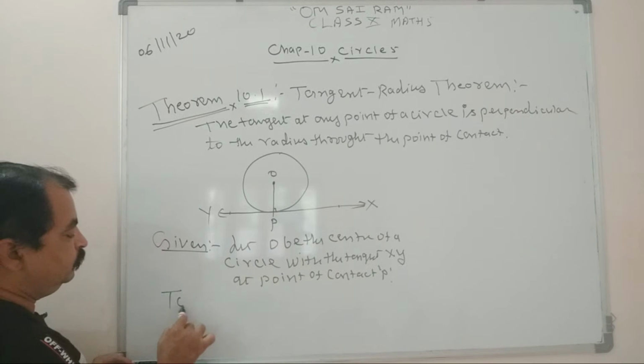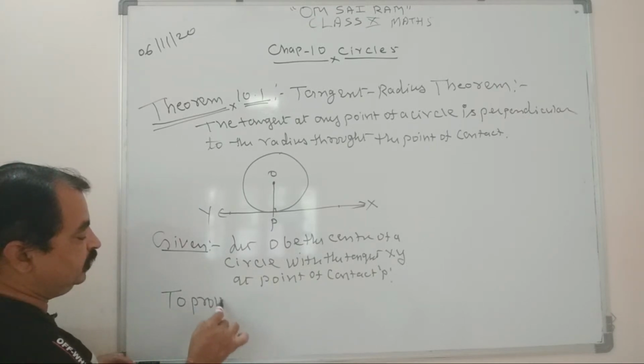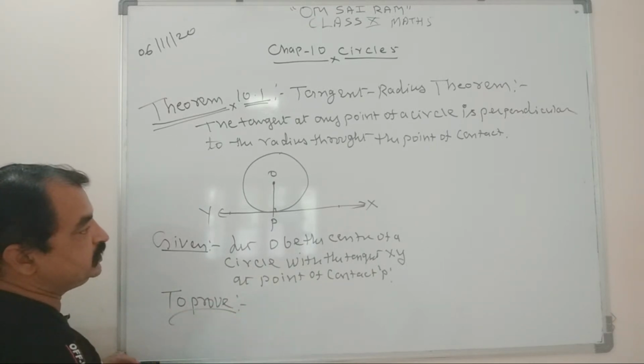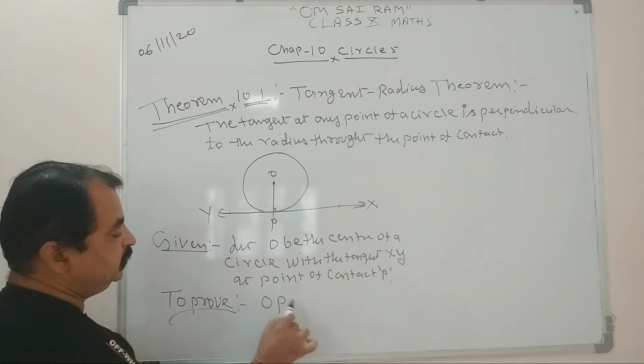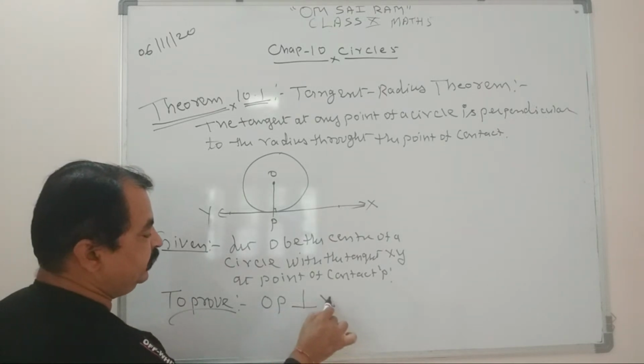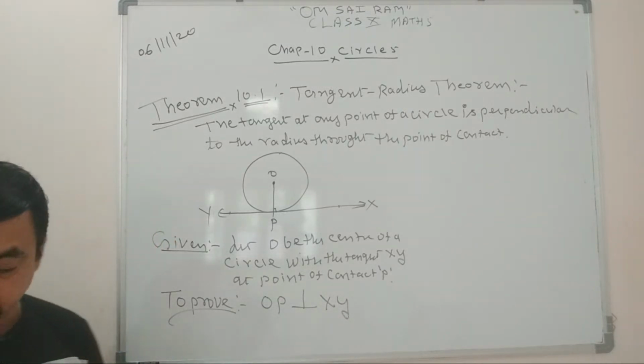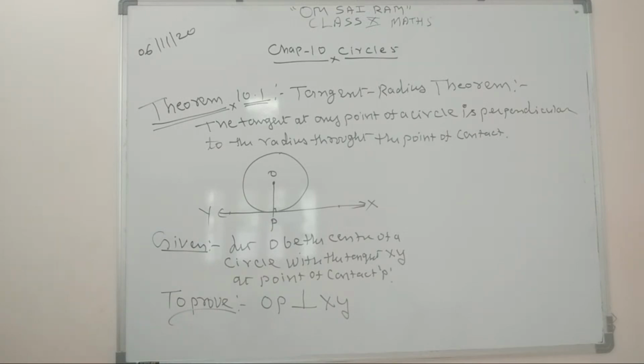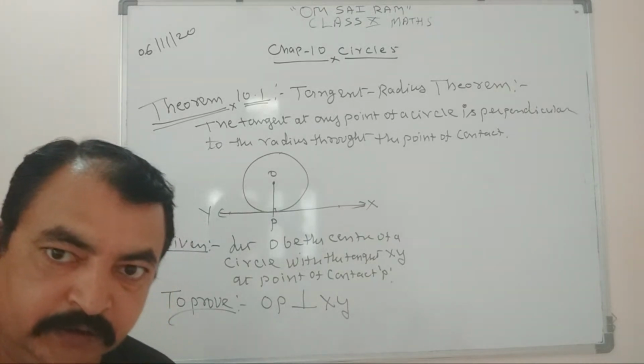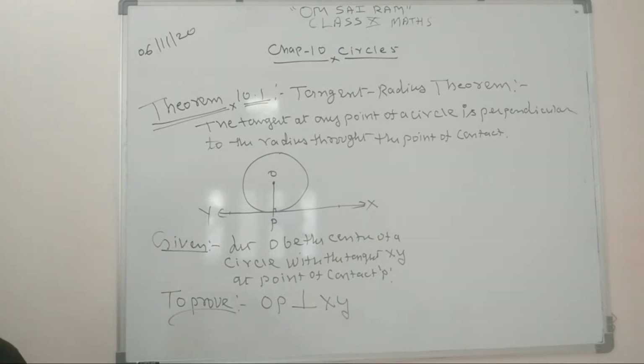Now to prove, what do we have to prove according to the statement? We have to prove that OP is perpendicular to XY, children. Now see children, you can take the circle center as O and radius R. Yes, you can take it.